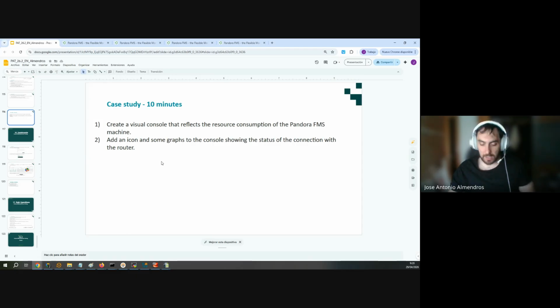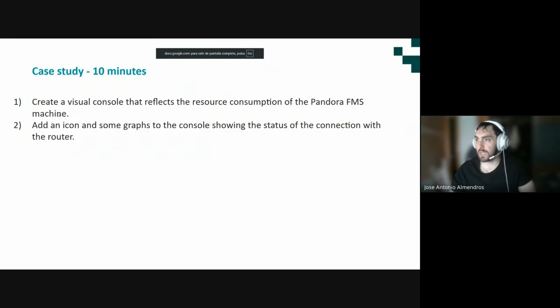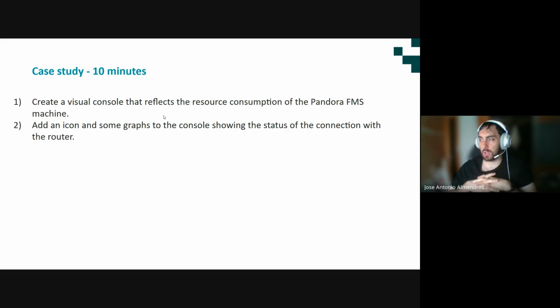Okay, this one asks to create a visual console that refers to the resource configuration of the Pandora FMS machine. You can use the Pandora FMS internal agent, or the agent that is created when the endpoint is installed in the Pandora FMS server, using the CPU and memory modules.